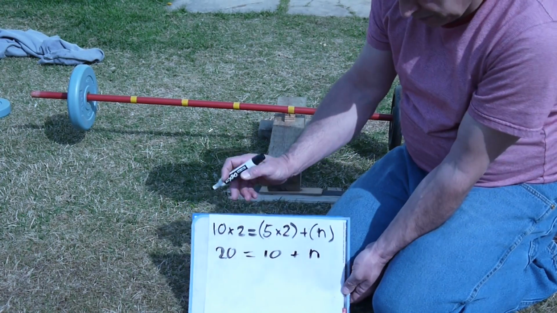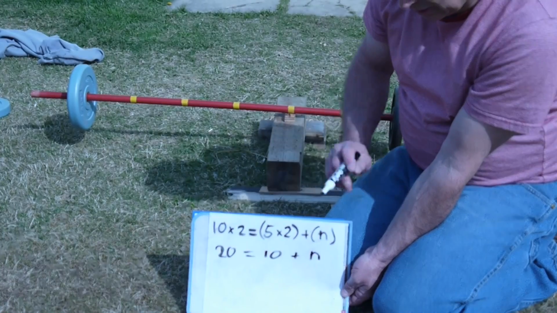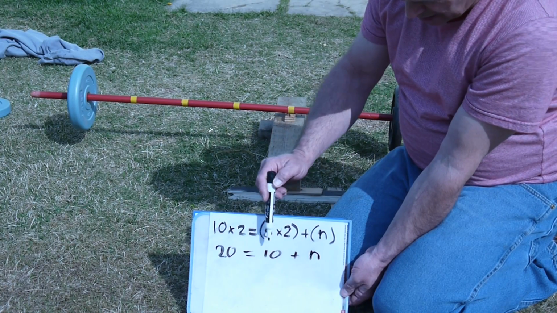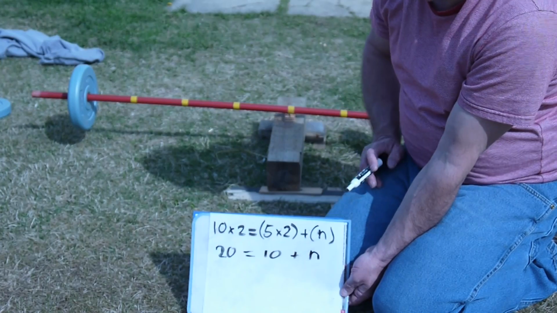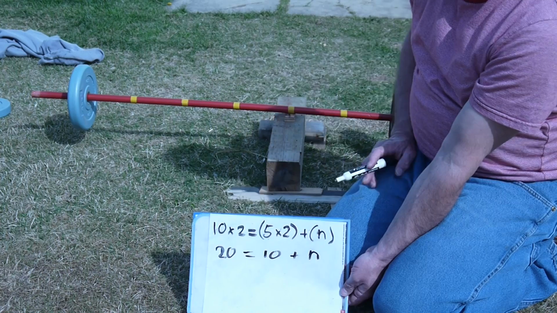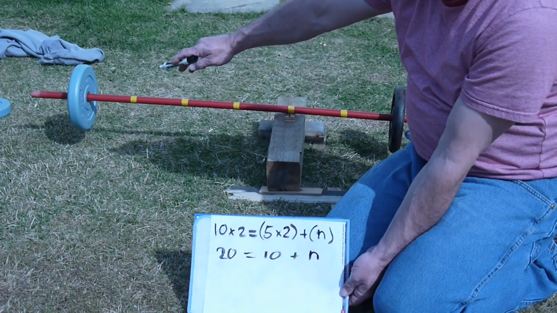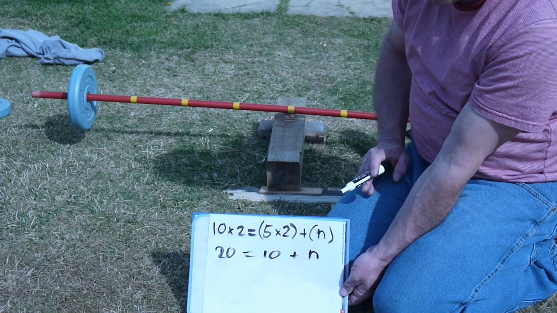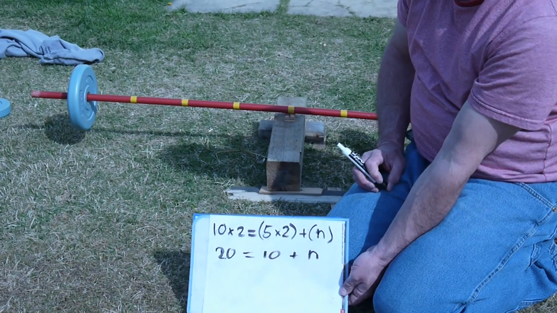So right now, because I'm a whiz at addition and subtraction, I know that this missing n is going to be 10. So when I move that 5-pound weight, I need to add 10 to the system.